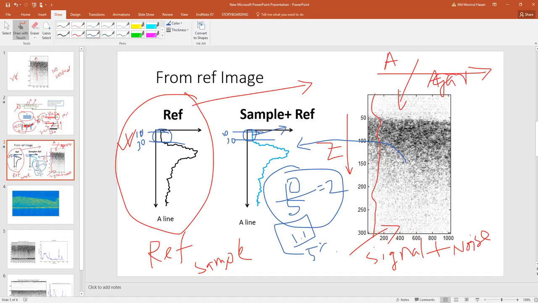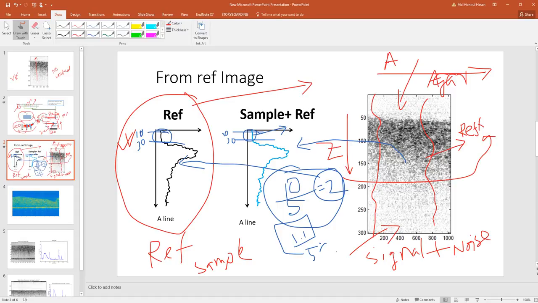Whatever ratio we find here, we multiply the reference arm depth profile by that ratio to adjust for the noise that is coming from the sample arm. Then we subtract from the image here the reference arm depth profile multiplied by this ratio.